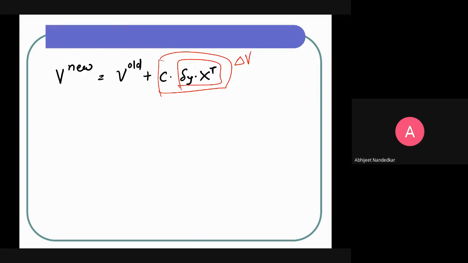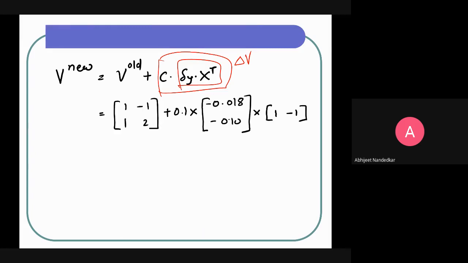This outer product will immediately give you this change in V matrix. So substitute the values here. This is our weight V and this is the learning constant. This is our delta signal that we have calculated, and this is our input. Input is just 1, minus 1.